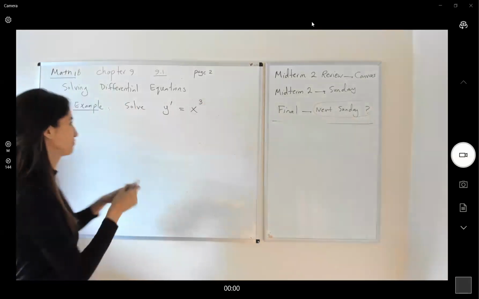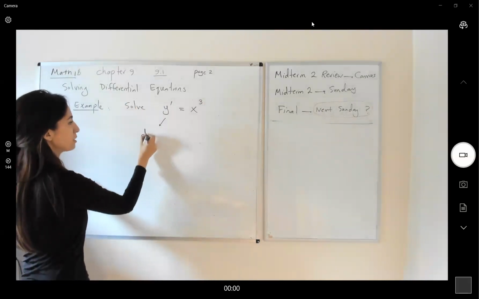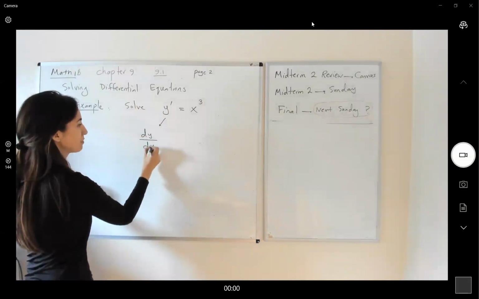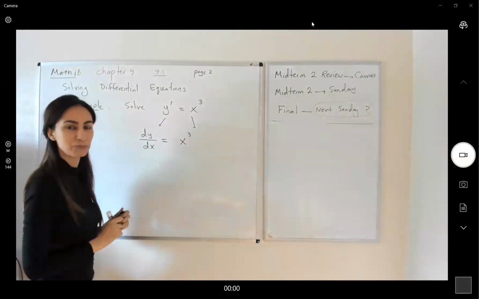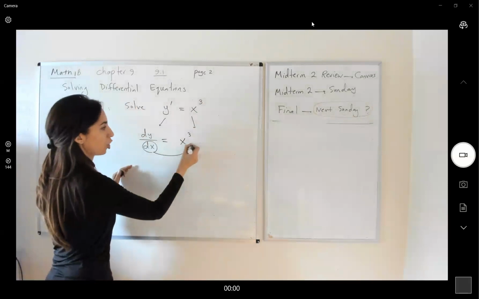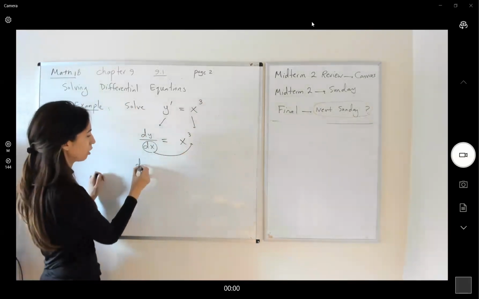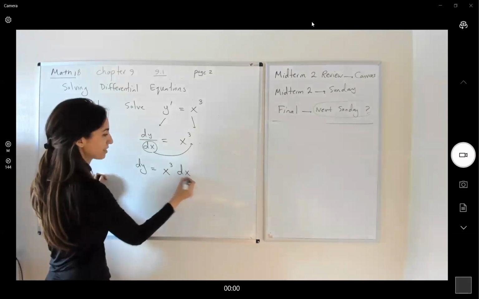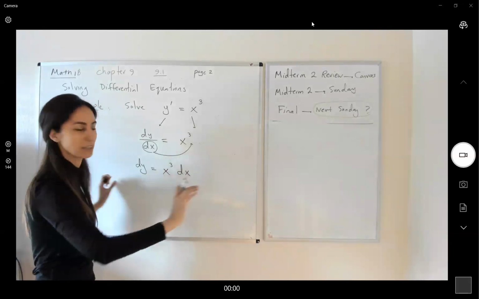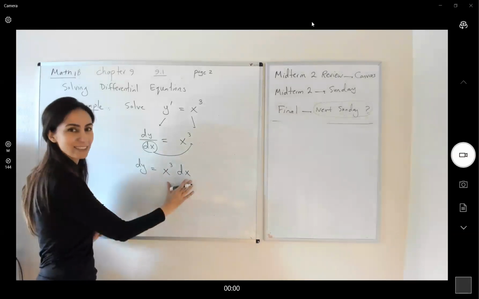Y prime is dy over dx, and x cubed is just x cubed. We copy this down. Then multiplying by dx, dy is equal to x cubed dx. We are separating y and x.